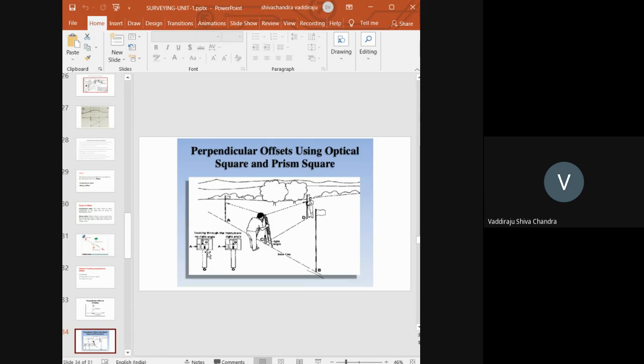There is a gap between these two dotted lines, black and white. When I move my instrument towards the left and towards the right, I'll move till I get these two images in the prism in the same line. Then the bottom of that instrument gives you the accurate position of the foot of the perpendicular offset.